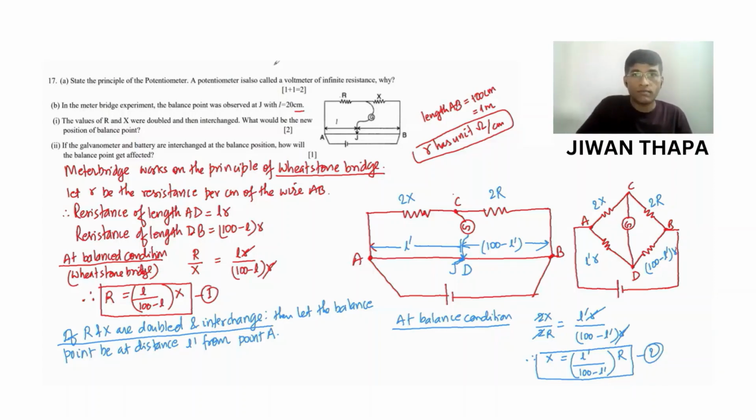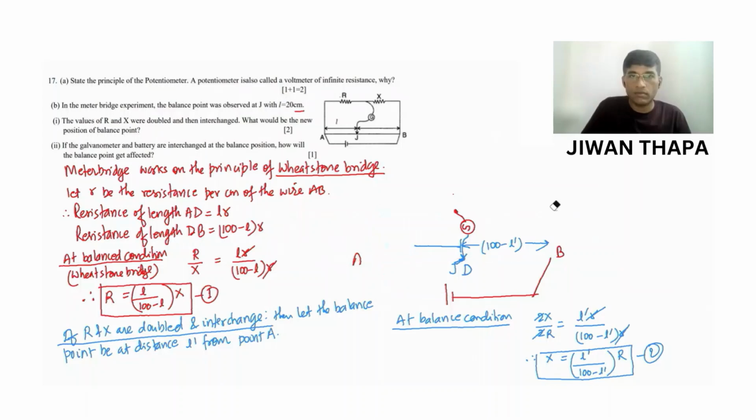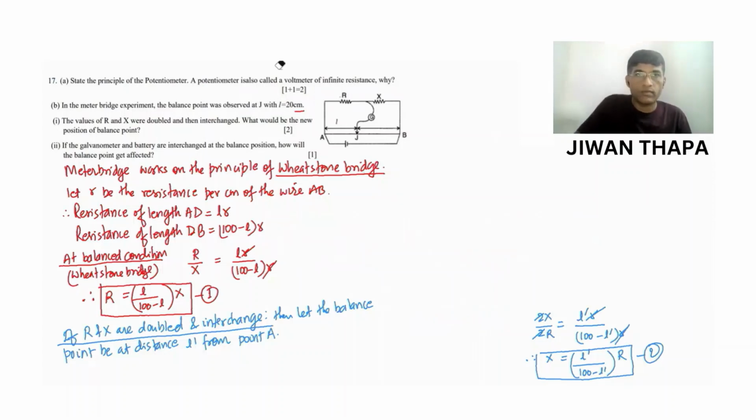Now I'm erasing this. Now from 1 and 2, we are going to put the value of R from equation 1 in equation 2. So what do you get?